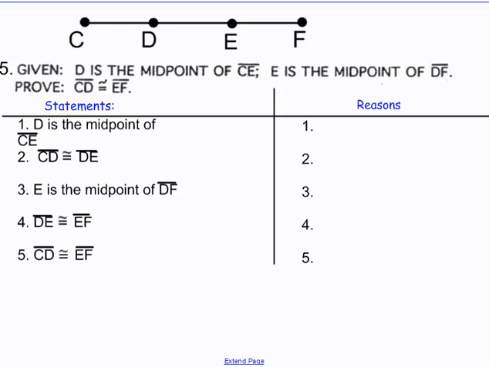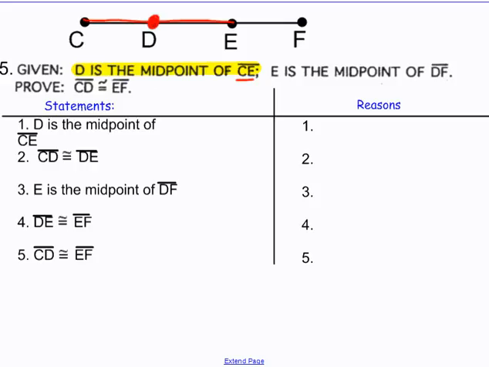Okay, number 5. We have a given. Given D is the midpoint of CE. We're going to look at the picture here and we're going to say, okay, D is the midpoint of CE.